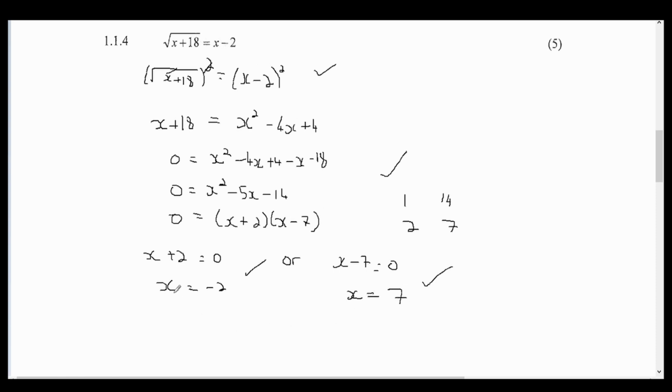And if you do the same with minus 2, it becomes 16. Square root of 16 is 4, and then we have minus 2 minus 2, which is minus 4. So we have 4 and minus 4, and 4 and minus 4 is not equal. Therefore, this is not a solution. And once you say this is not a valid solution, you will get your 5th mark. And that's how you get an easy 5 out of 5.